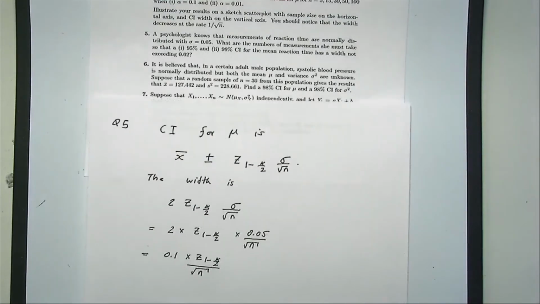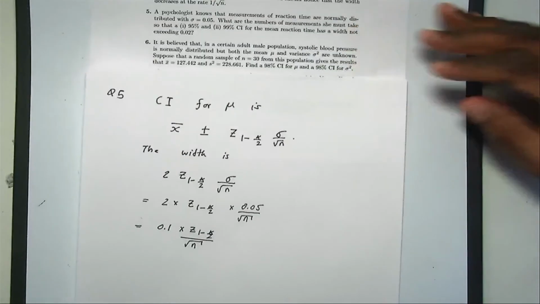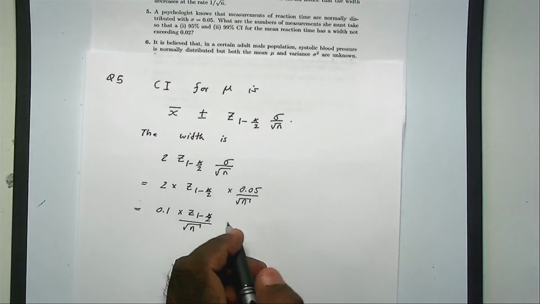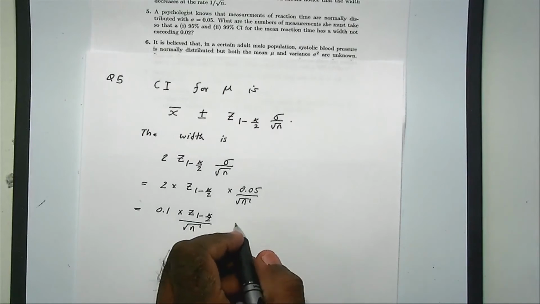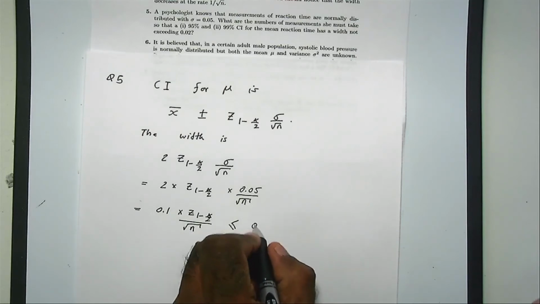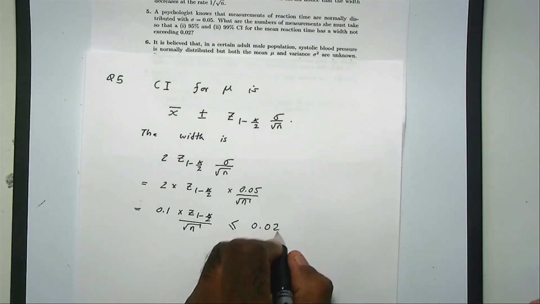Now we want this not to exceed 0.02. Okay, so we want this to be less than or equal to 0.02, right?